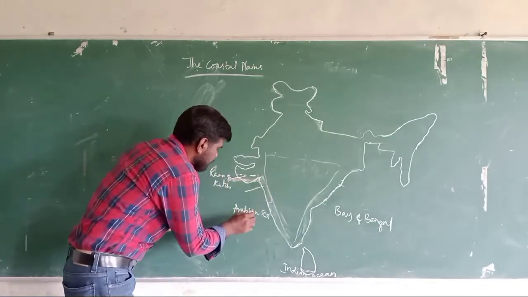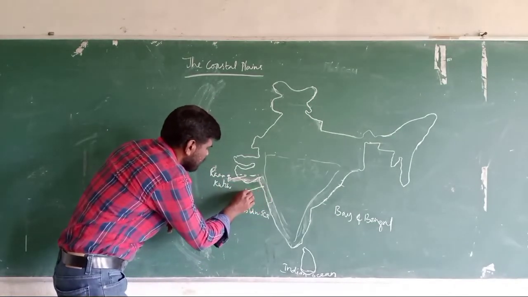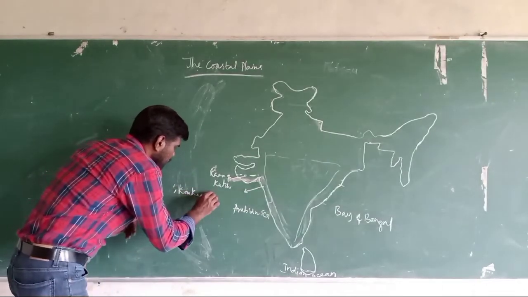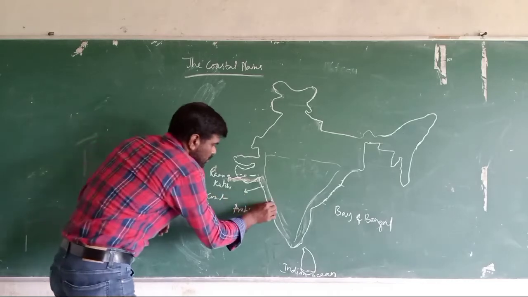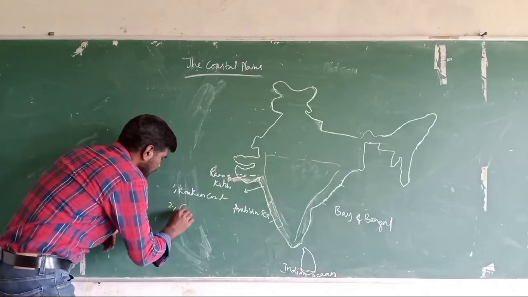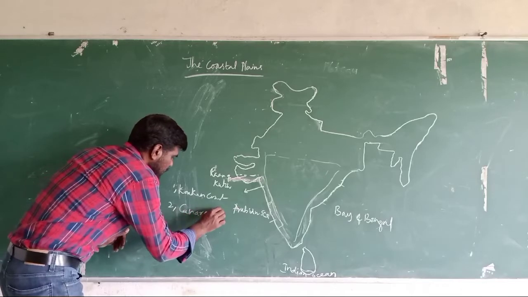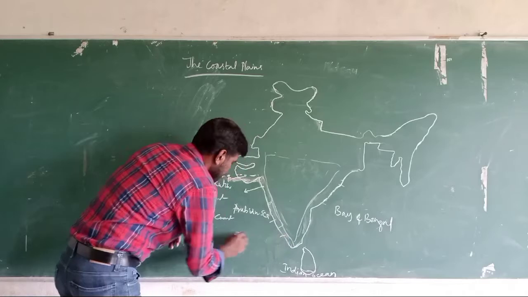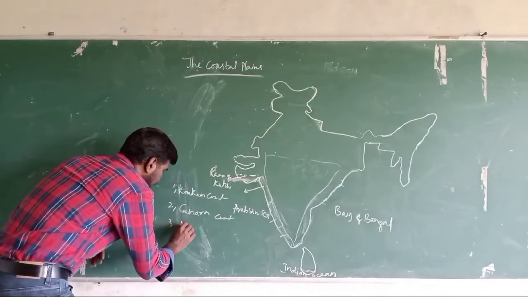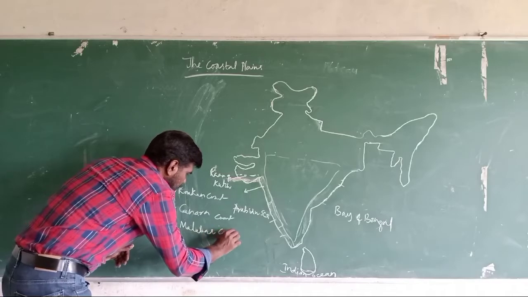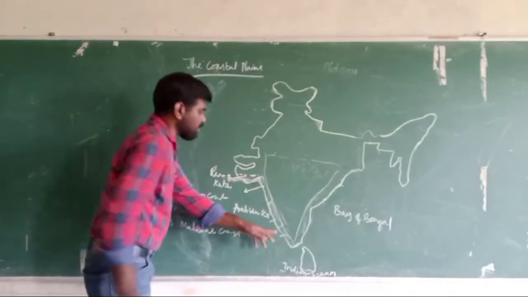In the north, Konkan coast, in the middle, Canara coast, and in the south, Malabar coast.